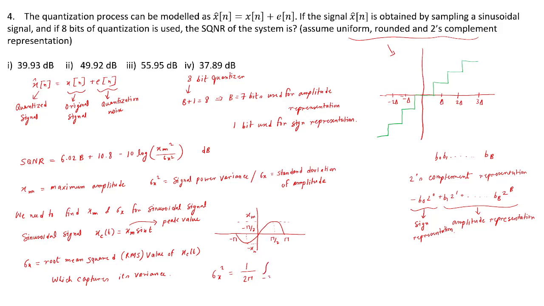You need to basically integrate from minus pi to pi and normalize by 1 over 2 pi, x square t dt. So that is the value you need to find. Either you need to find the value of sigma x square in numerical value, or in terms of xm, so that you can have the value of ratio xm square by sigma x square. So let us see whether we are able to find it or not.